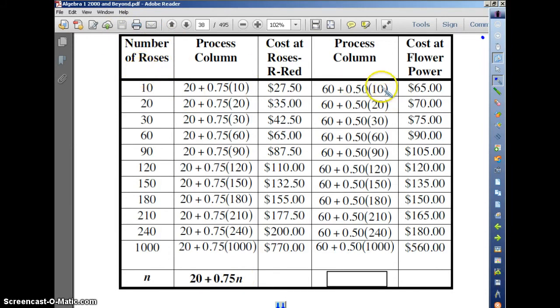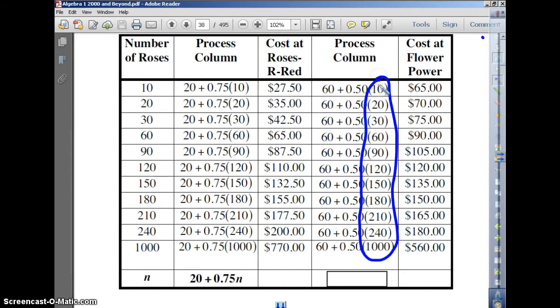Okay, well, let's do the same thing over here for Flower Power. What never changes? Yeah, the $60 up front never changes. The addition sign never changes, and the 50 cents per stem never changes. What are these numbers that are always changing here? Yeah, that's your number of roses.